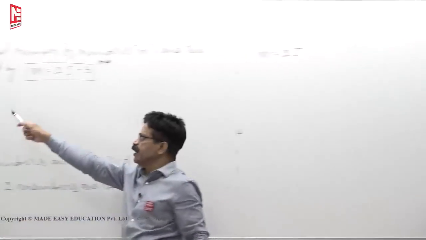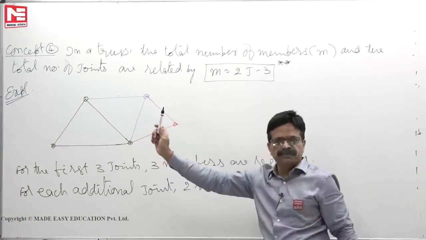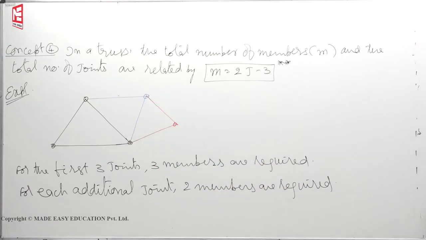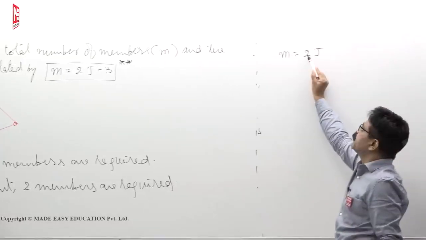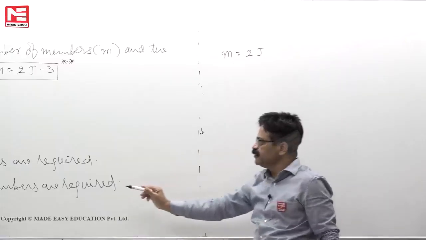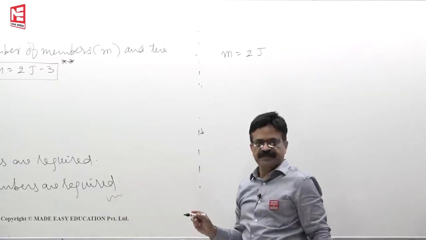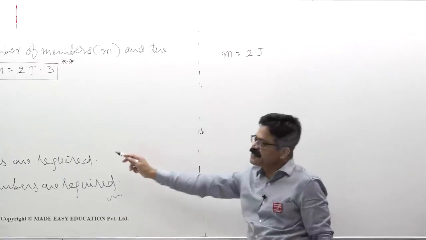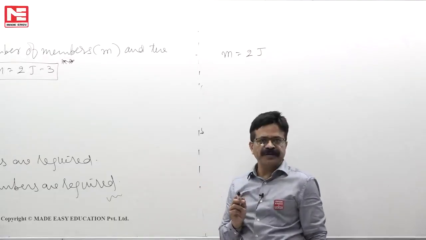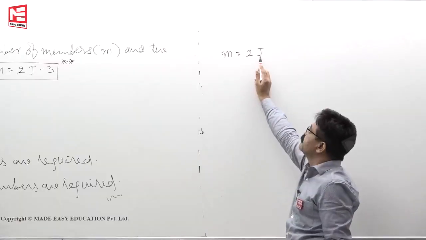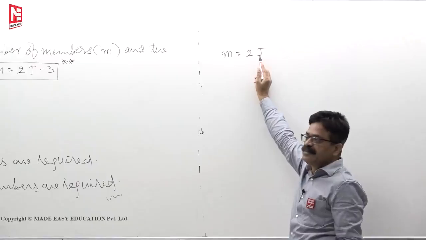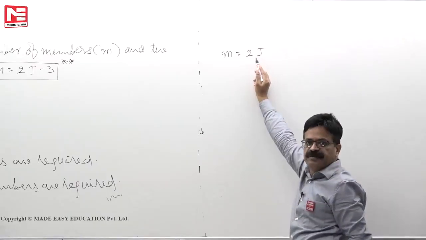If you have say two joints, first three joints you remove, we will see that point later. These two joints means four members. That means number of joints are 2, members are 4, so 2J. So, M is equal to 2J is satisfied from this second statement. But this I want to apply to the first statement also. First three joints, three members only are required. But as per this one, how much? First three joints only, J if I put 3, 2 into 3, 6 you will get. But we have only 3 members.